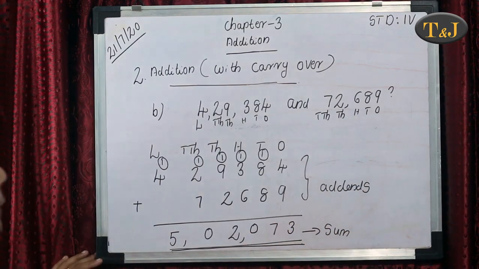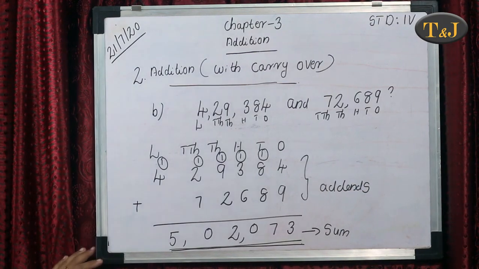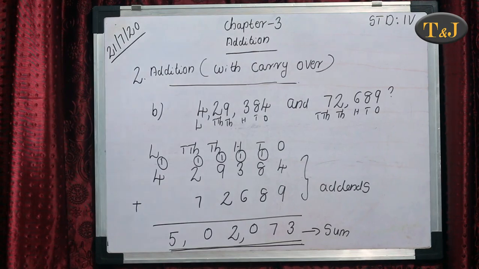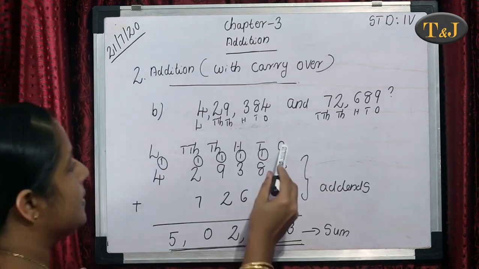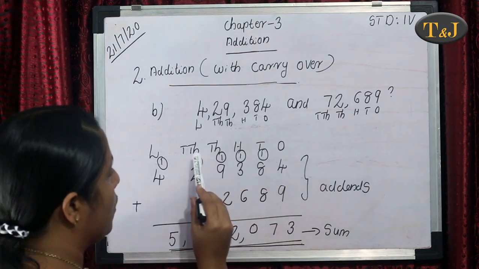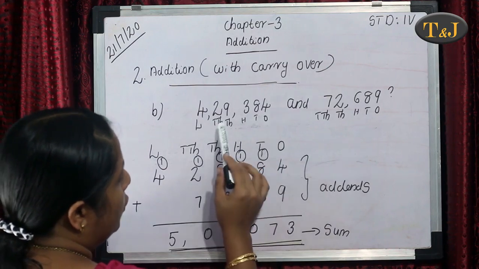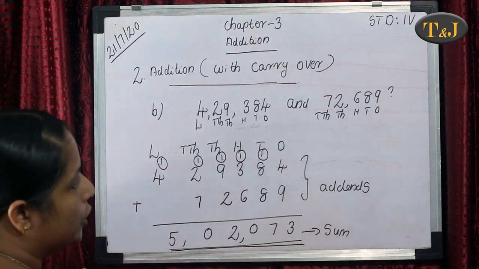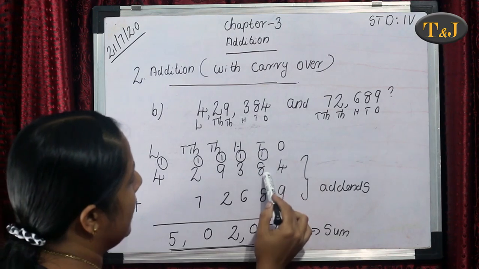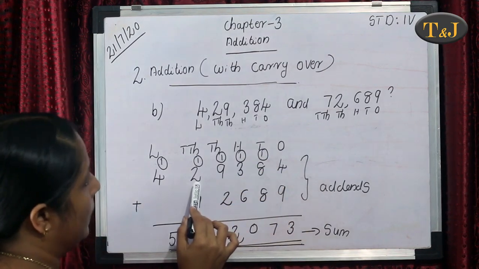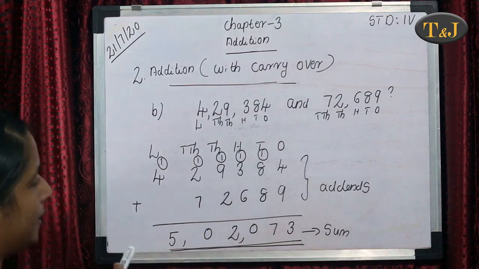Once again I explain the problem. Our question is 4,29,384 and 72,689. First we write the places of these digits: ones, tens, hundreds, thousands, ten thousands, lakh. Then write the first number, 4,29,384: 4 in ones place, 8 in tens place, 3 in hundreds place, 9 in thousands place, 2 in ten thousands place and 4 in lakh place.